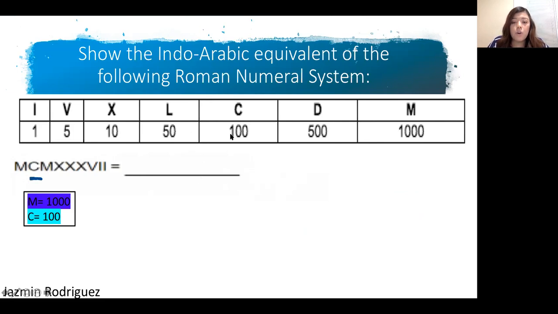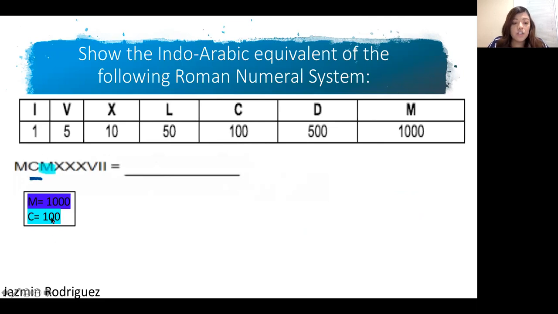In the Roman numeral system, there is a rule that if there is a smaller digit to the left of a larger digit, then you have to subtract the smaller from the larger. Over here, we have CM, and as we can see, C represents a lower amount than M. Therefore, we have to subtract 100 from 1,000 to get the value of CM.